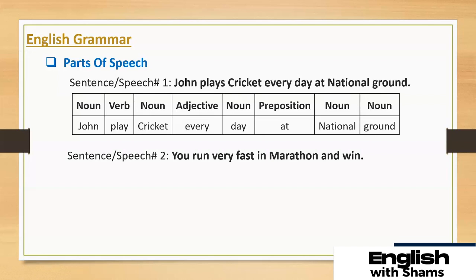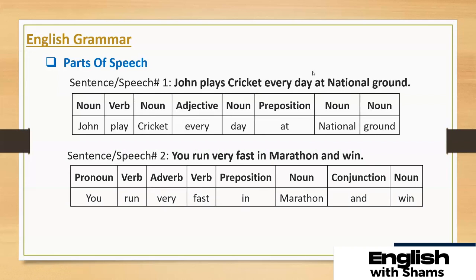If you look at the parts of this sentence, you is a pronoun, which is used instead of a noun. Then run is a verb, very is an adverb, fast is also an adverb, in is a preposition, marathon is a name of a sport, right? So it's a noun. Then and is actually joining these two nouns, marathon and win. That's why and is a conjunction, and win is a noun here.